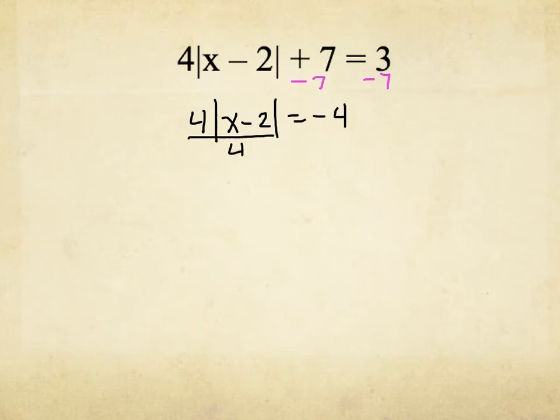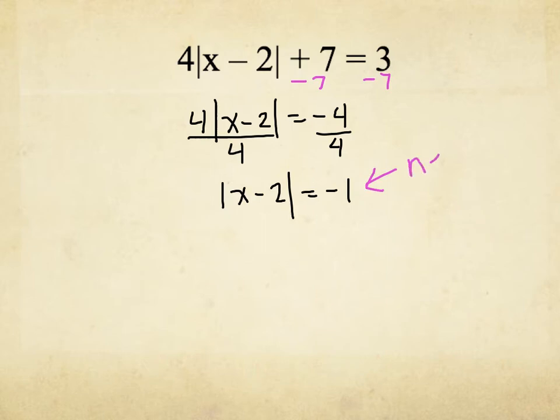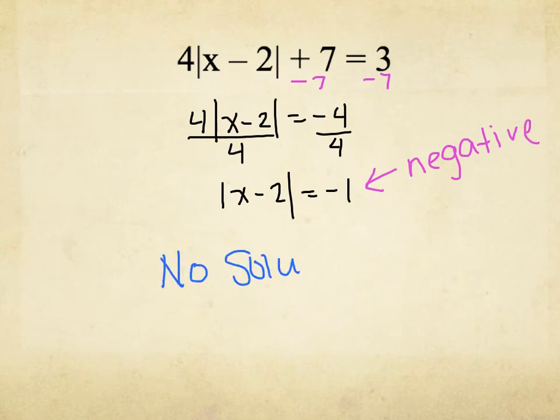Divide both sides by 4. And get the absolute value of x minus 2 equals negative 1. Okay, so my solution now is negative. And because it is negative, our answer is actually no solution, and you would just stop there.